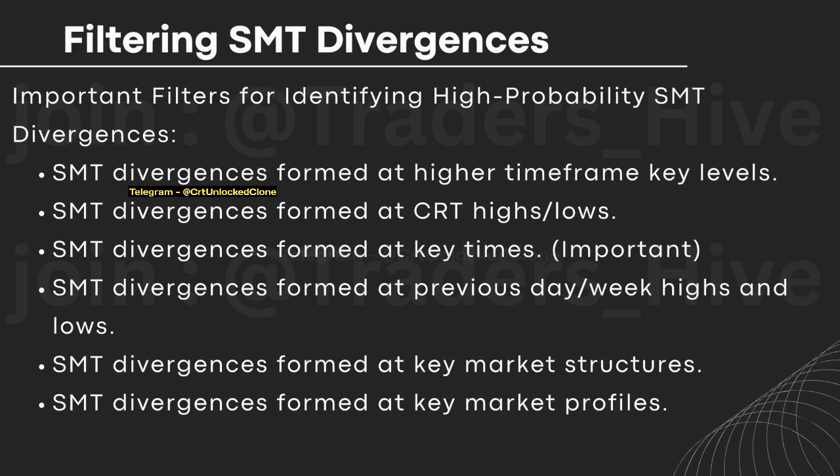And if you can then match it with a CRT there, then the probability increases even more, right? You can see that you're going to be using it in this logical framework, following a proper sound logic. Manipulation profiles and reversal profiles are high probability market profiles for SMT to be formed at, right?